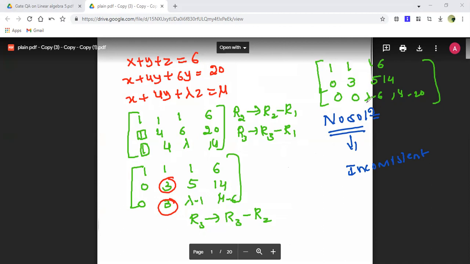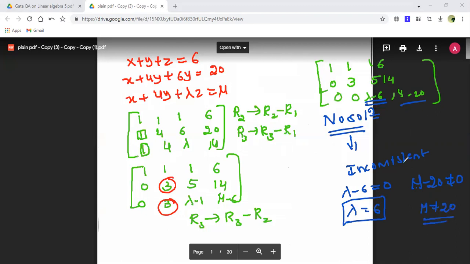That is possible only when lambda minus 6 is equal to 0 and mu minus 20 is not equal to 0. Only when this condition is possible can we say that this system is inconsistent. If lambda minus 6 is equal to 0, this implies lambda is equal to 6, and mu minus 20 not equal to 0 means mu is not equal to 20.